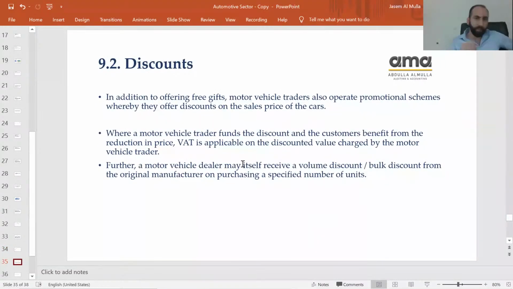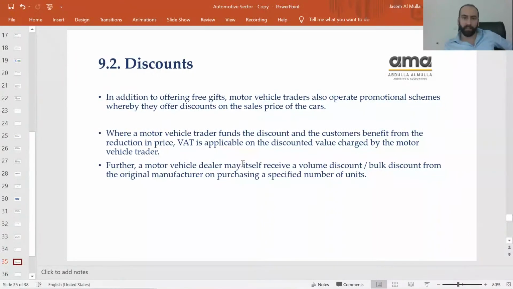Discount. In addition to offering free gifts, motor vehicle traders also operate promotional schemes. They offer a discount on the sales price of the car, where the motor vehicle trader funds the discount and the customer benefits from the reduction in price that is applicable on the discounted value charged by the motor vehicle trader.